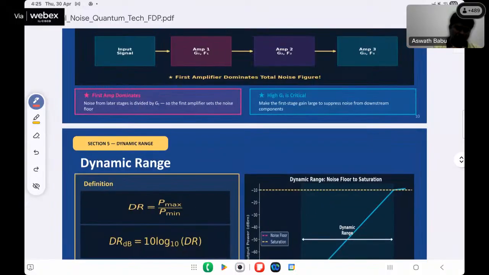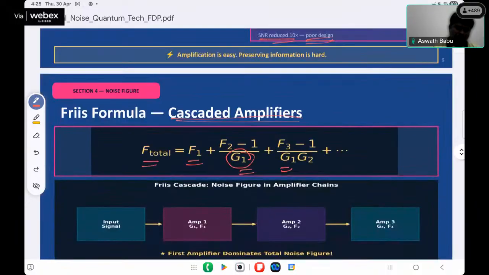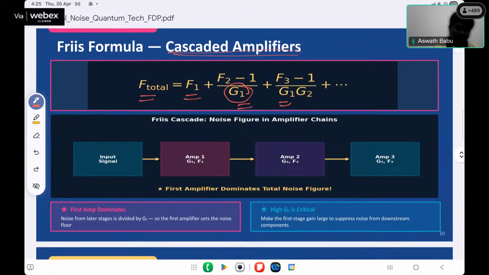Okay. So there were some questions here, regarding this part. So what was asked is, just a minute, just scrolling through the chat.